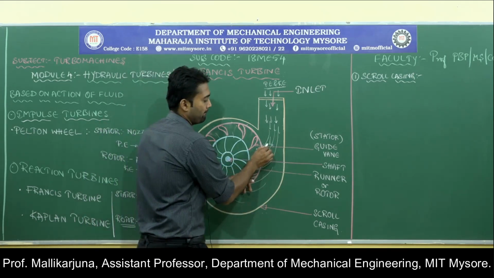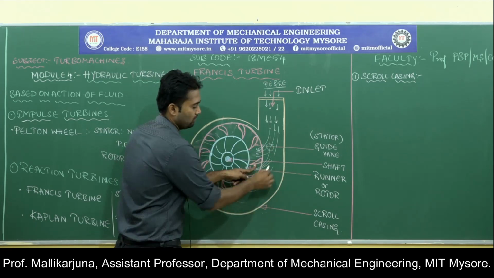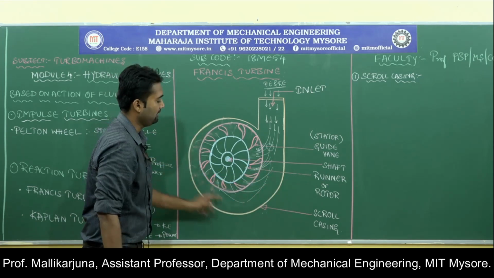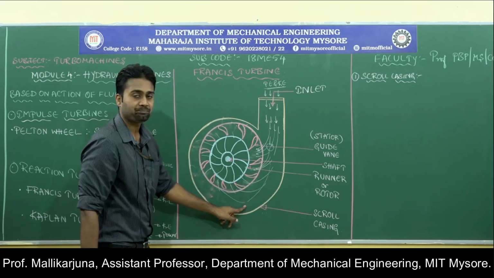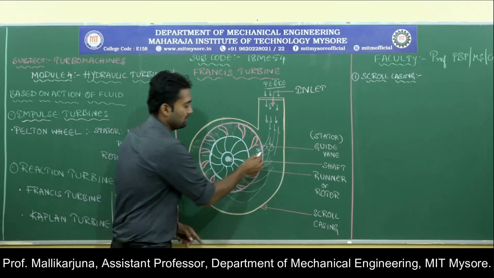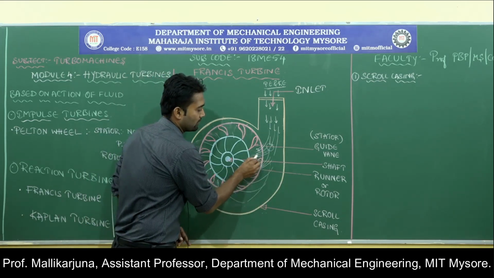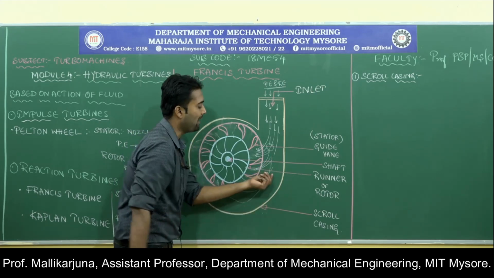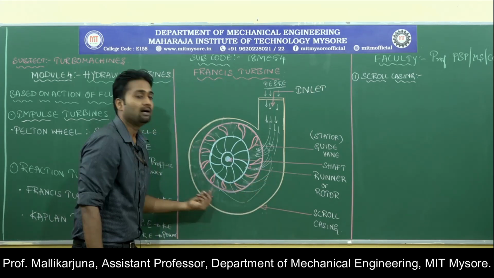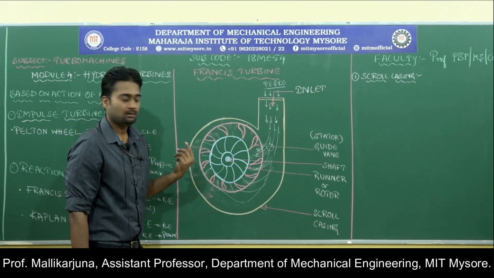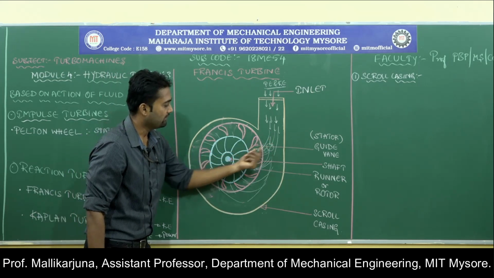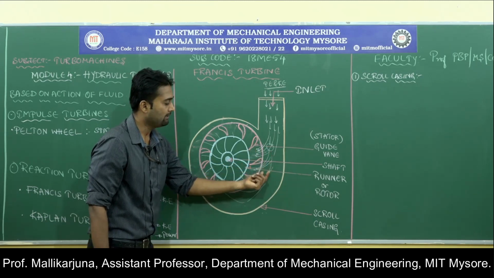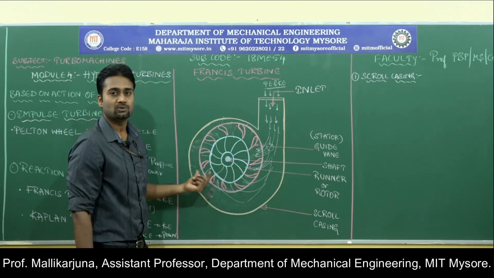Here, if you look at the mass flow rate of the fluid while it is passing through the scroll casing, more fluid will enter this portion, and as the fluid comes to the bottom portion, the mass flow rate gradually decreases. Here more fluid will enter the passage at this portion, and gradually the mass flow rate starts to decrease.